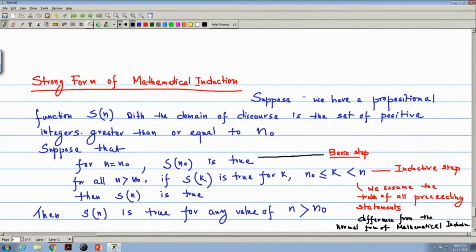And many times this strong form of mathematical induction is very useful to prove some complex problems. Now, we see some examples of how the strong form of mathematical induction can be utilized.